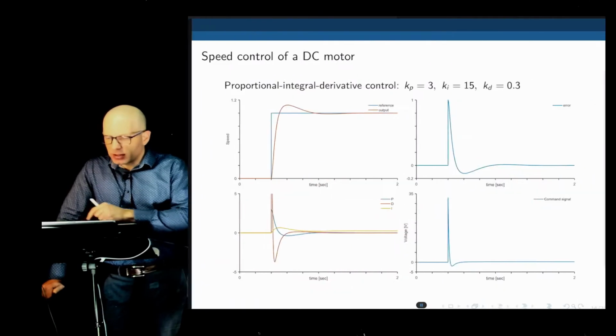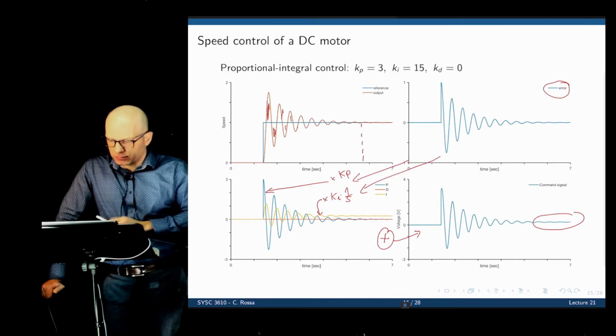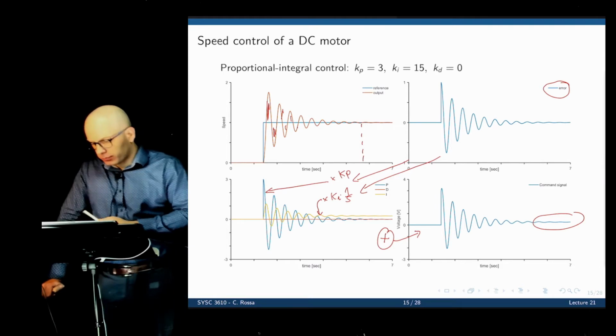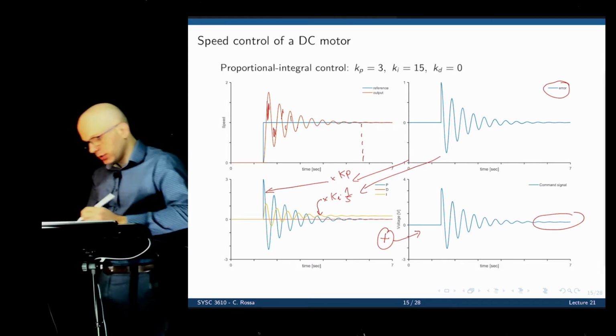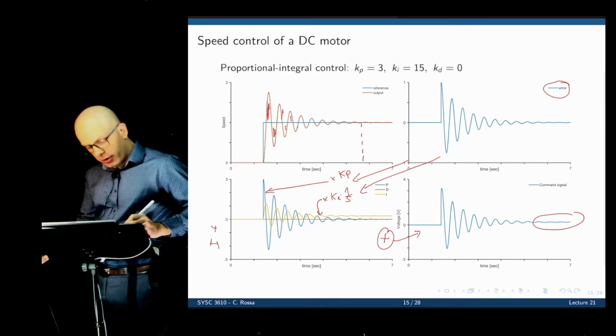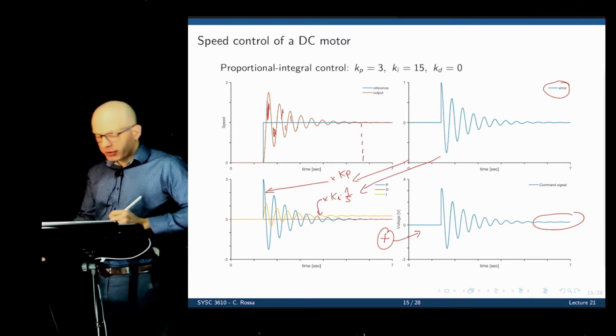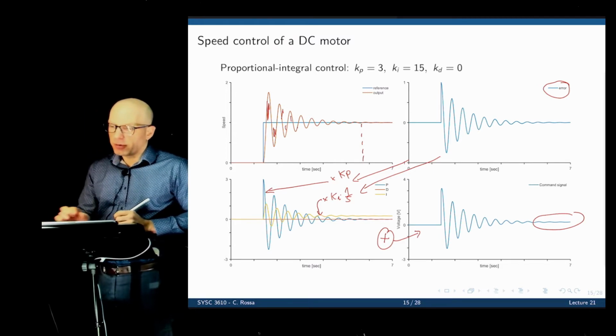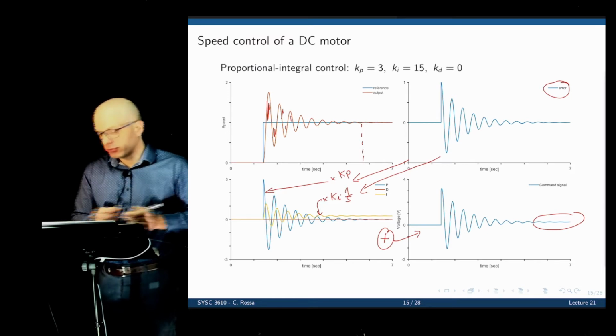So let's bring in the... Can I ask a question here? Are the two lower graphs voltage, or is it just the last one voltage? Just the last one. This one is just the error. So this is displaying the portion of the voltage provided by each of them. When you add them together, that's the voltage.